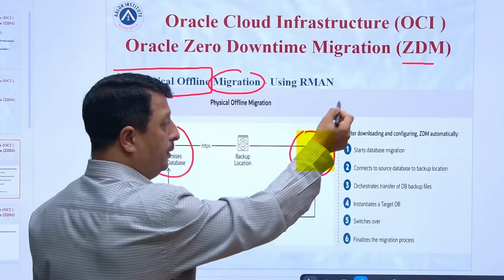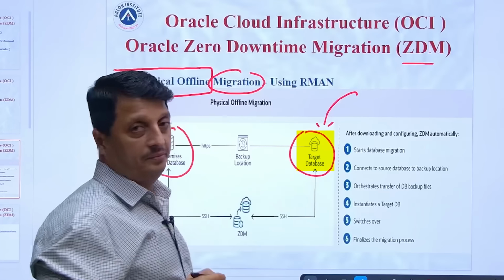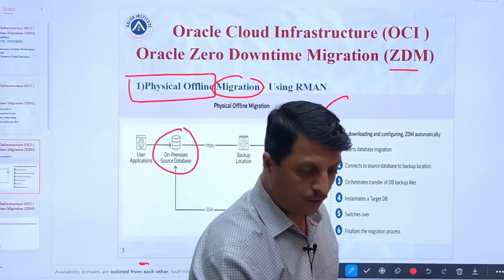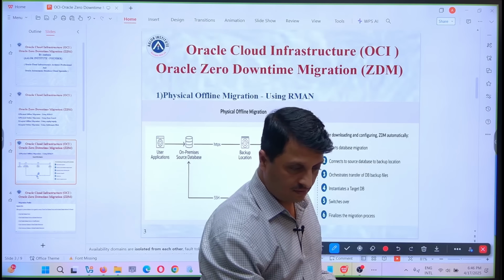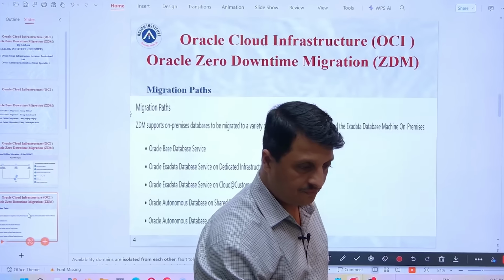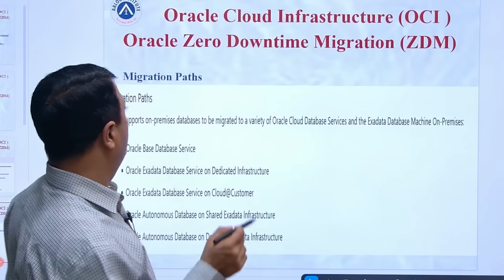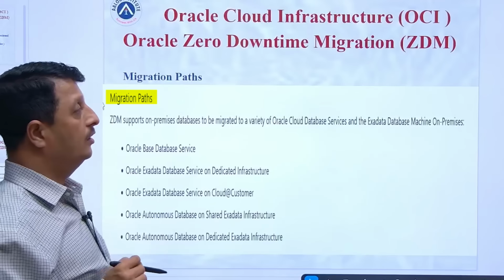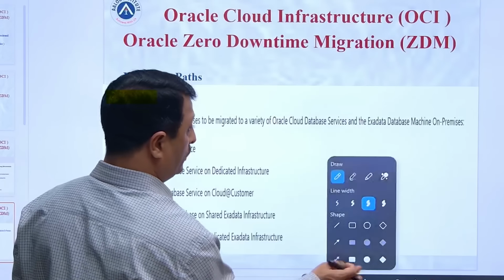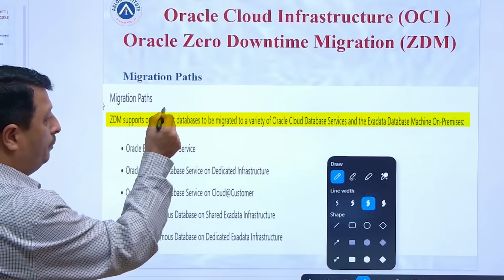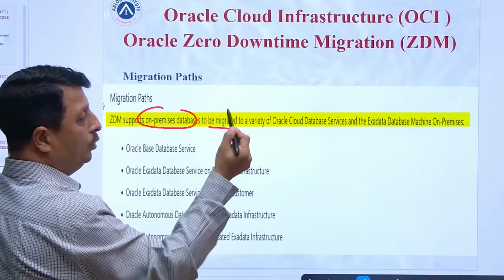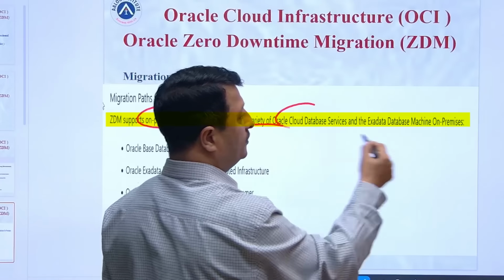I will be preparing this in my cloud. We call this the migration paths. The point to note here is that you are migrating your on-premises database to a variety of Oracle databases.